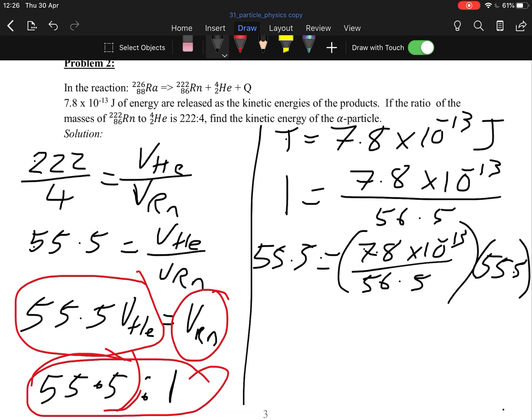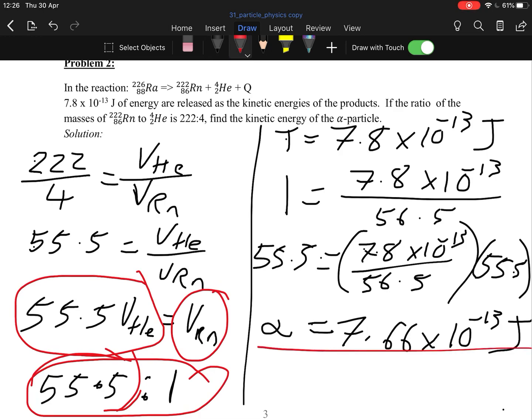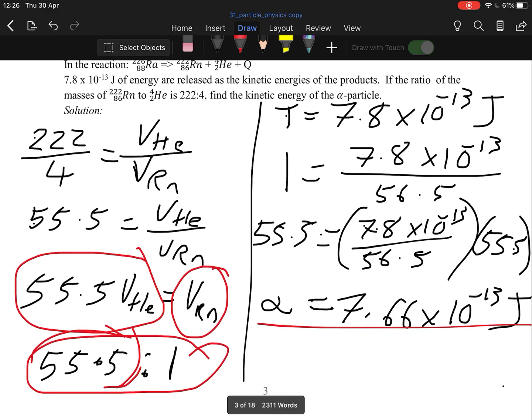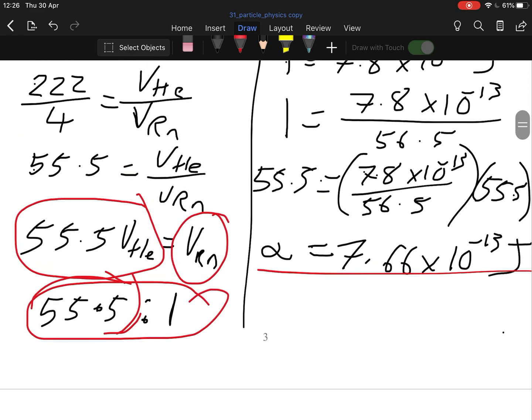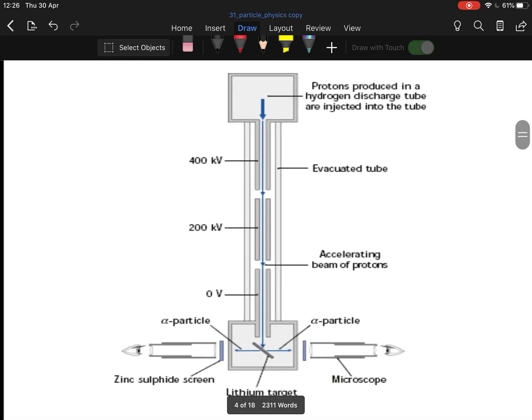Therefore the alpha particle should receive 7.66 by 10 to the minus 13 joules. You could do that another way, but I found this way was just easier.